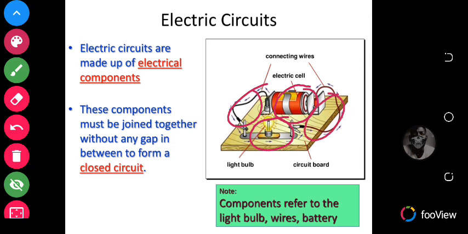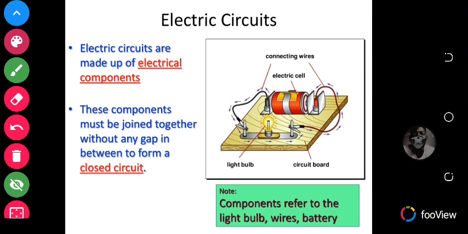These are parts. Components means parts, so it's just the things that make up an electric circuit. Every electric circuit has certain components that make up that circuit.